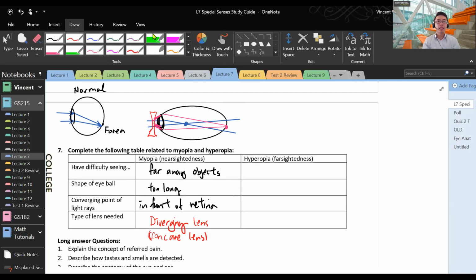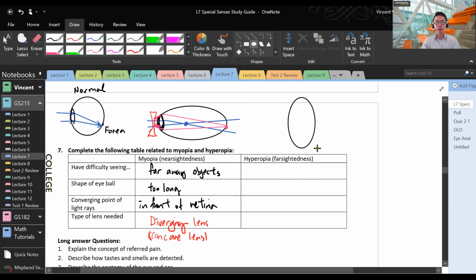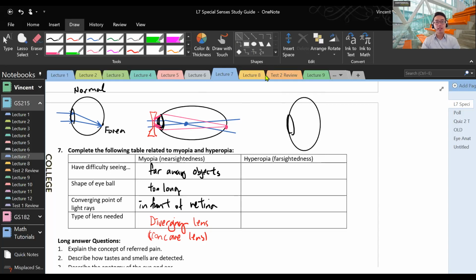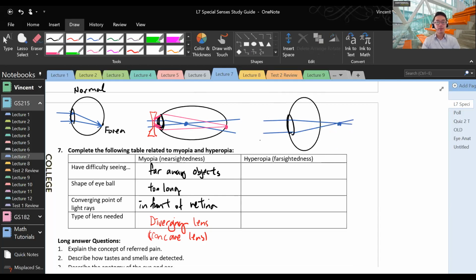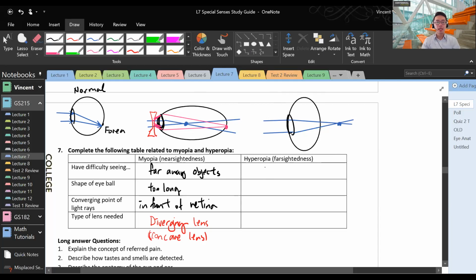On the other hand, if you have hyperopia, your eyeball is too short. Again, this is an exaggeration. The light rays come in and now they are going to be converging behind the retina. So in hyperopia, you have difficulty seeing nearby objects, and the shape of the eyeball is too short.